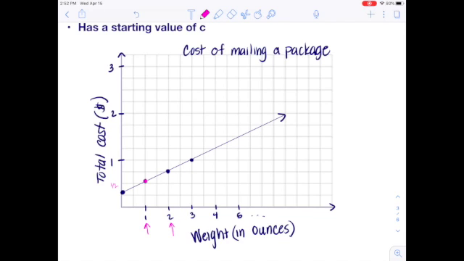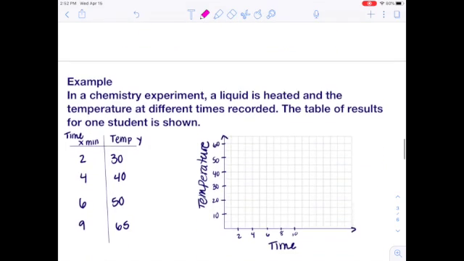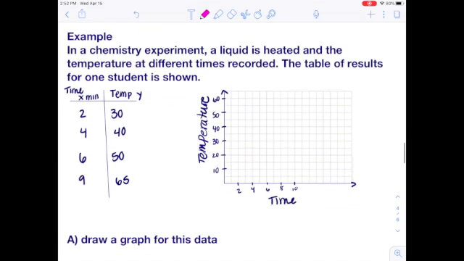If you had 2 ounces, you're going to be paying about 75 cents. And then at 3 ounces, you're going to be paying $1. All right, and you could continue this pattern forever. They vary directly.